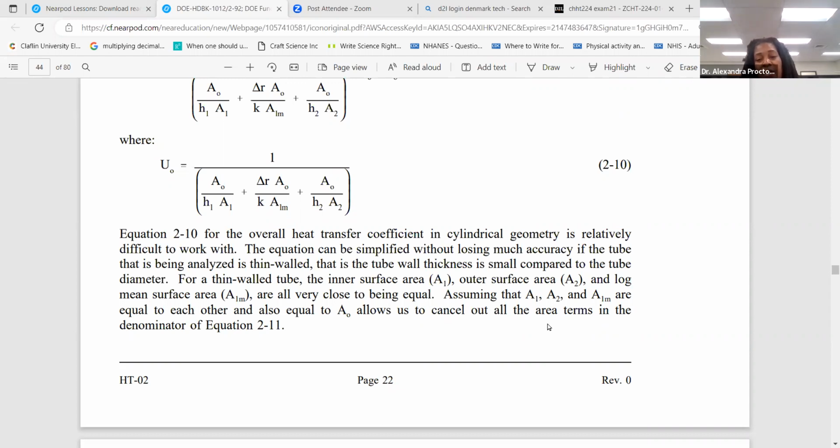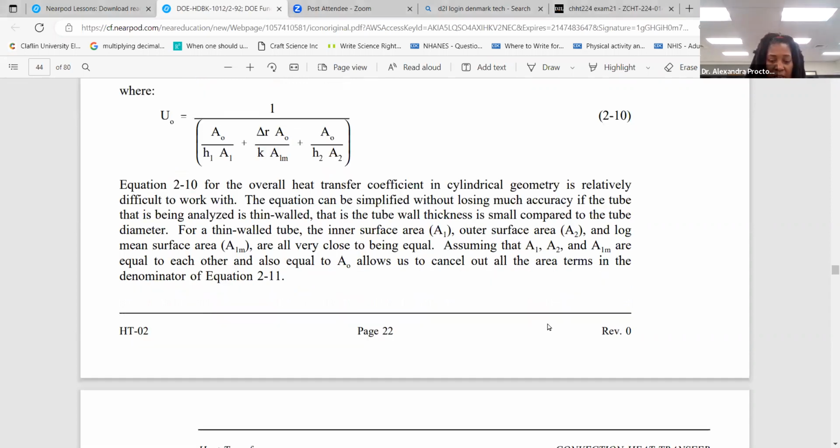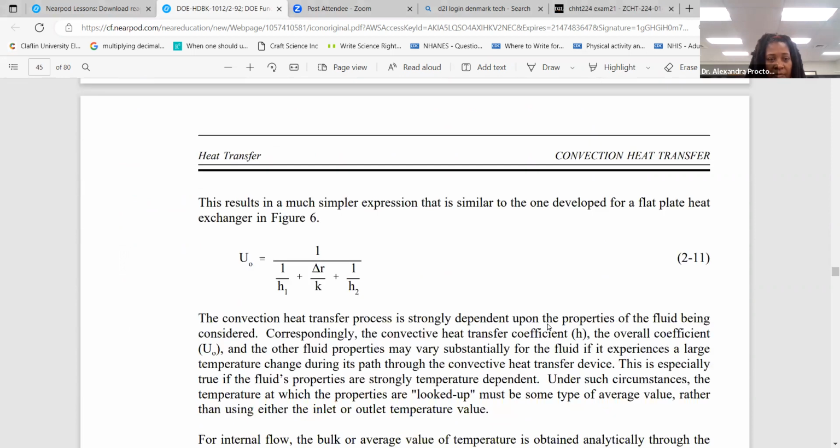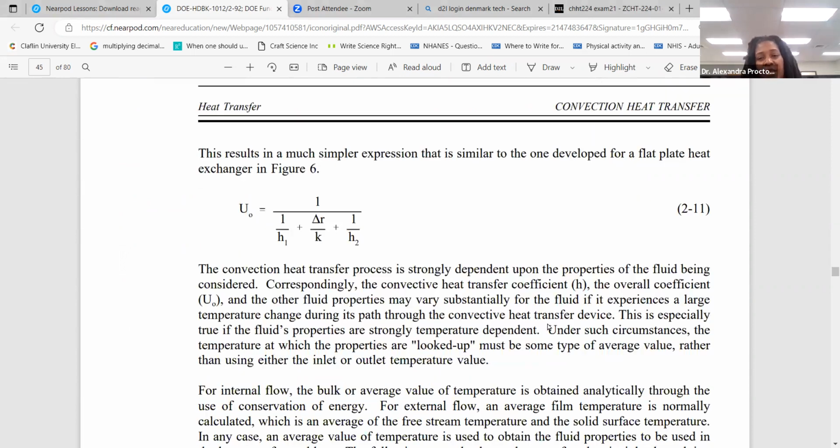Assuming A1, A2, and A sub LM are equal to each other, and also A0, allows us to cancel out the area terms in the denominator of this equation. So we have to make a very large assumption. Then you wind up with the equation developed for a flat plate, which is U0 equals 1 over (1 over H1 plus delta R over K plus 1 over H2).